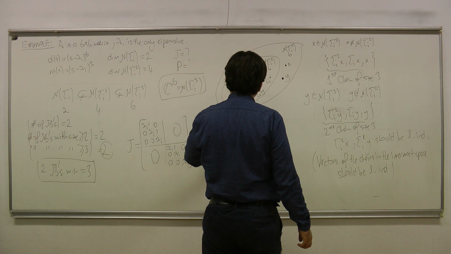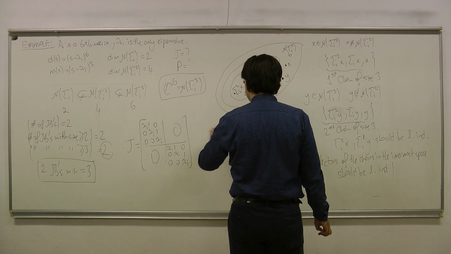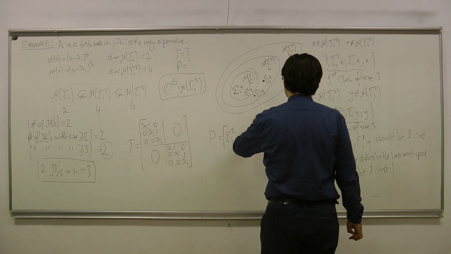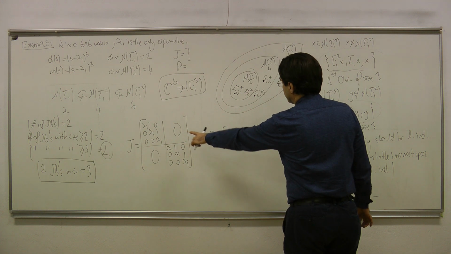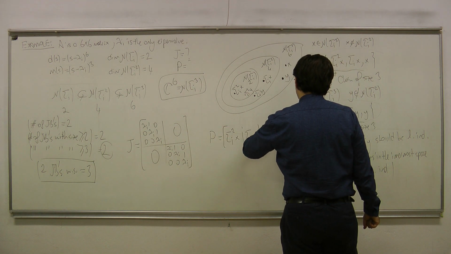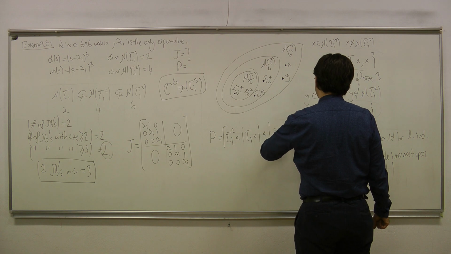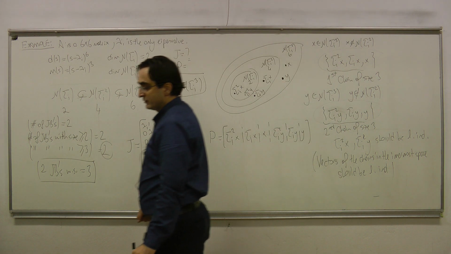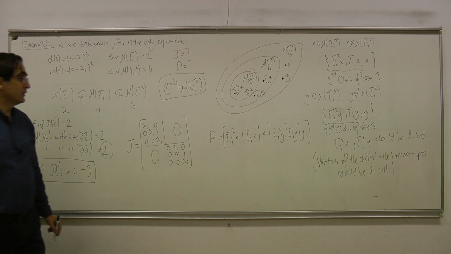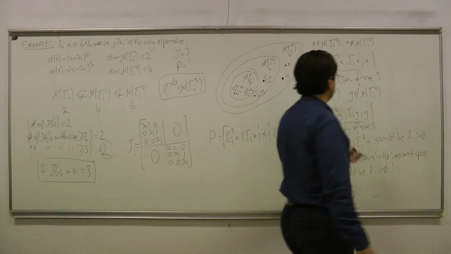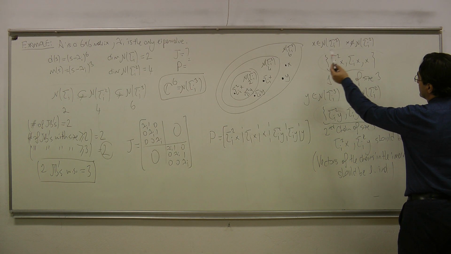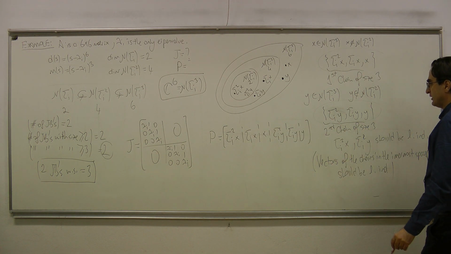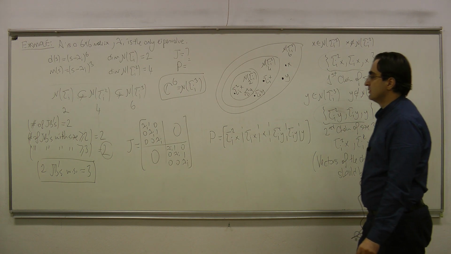So I fill my P matrix to be the following: sigma I square X, sigma I X, and X, corresponding to the first Jordan block, and then sigma I square Y, sigma I Y, and Y. This is going to be my P matrix. And it is going to be invertible because we ensured that all of the vectors in these chains are linearly independent with each other. So this is going to be a 6 by 6 matrix, and it is going to be invertible.